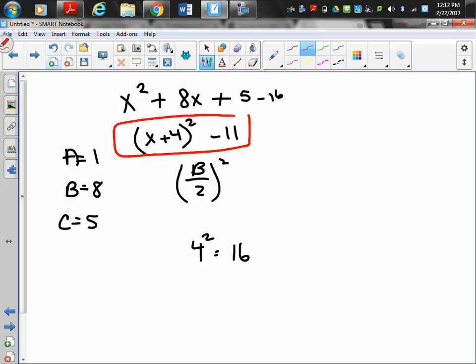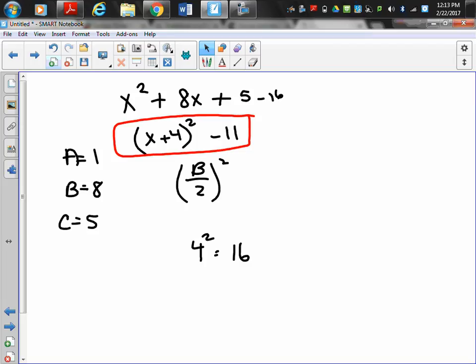Okay. Now, I added 16 when I added my 4 squared.